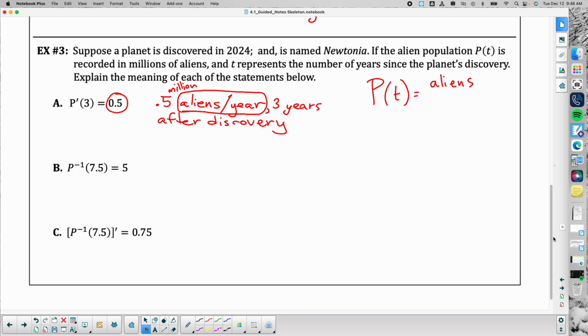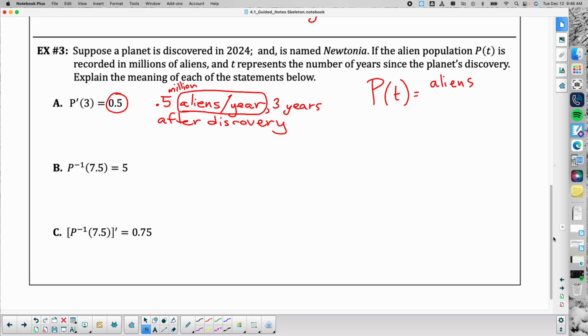The X and the Y stand for opposite now. Originally, this was time, population. The inverse, this is not the derivative, this is the inverse, is going to be population, how long it took to get to that population.